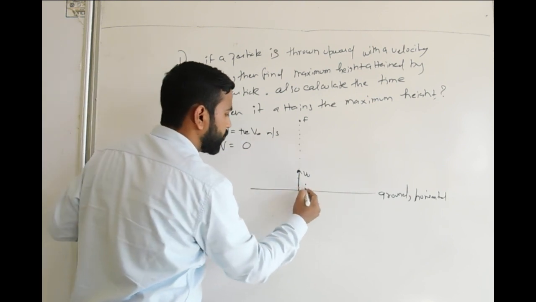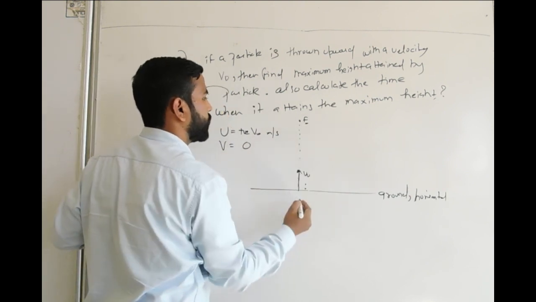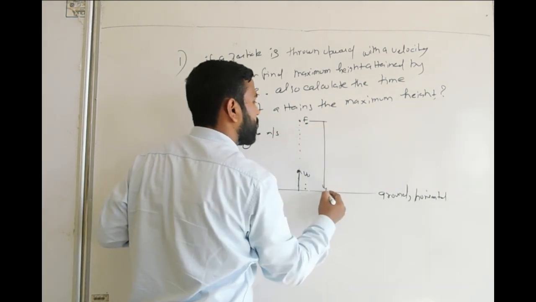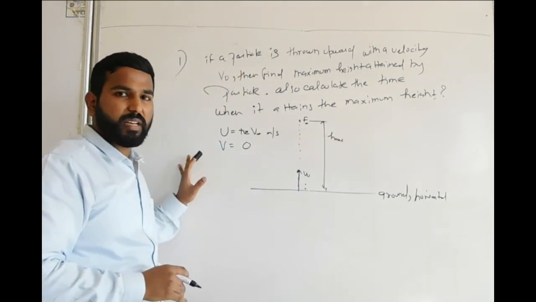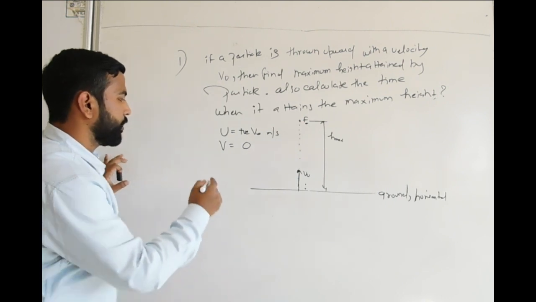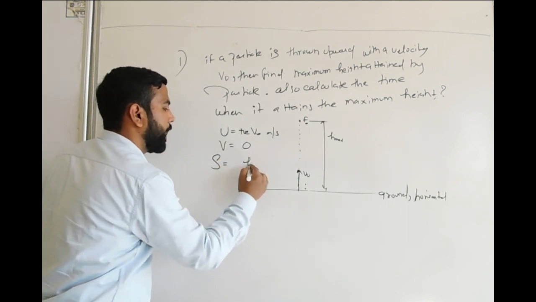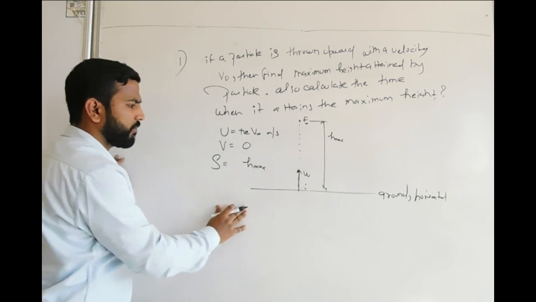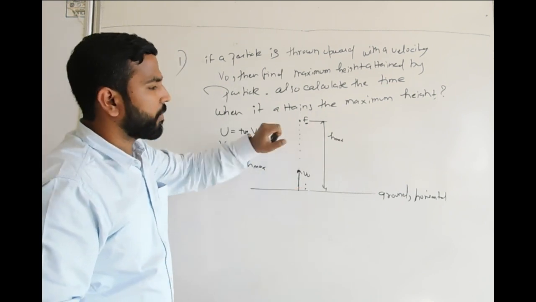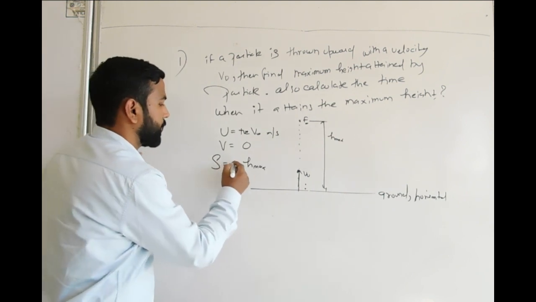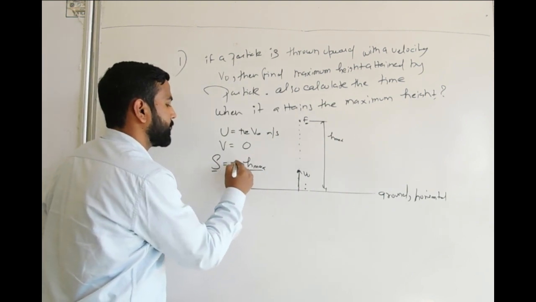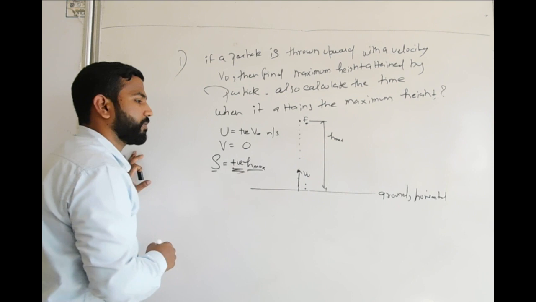This is the initial position, this is the final position, and this one is the maximum height attained by the particle. Your displacement value is h max. Positive or negative? This is above the horizon and the upward journey is taken as positive, so we will select the displacement as positive h max.